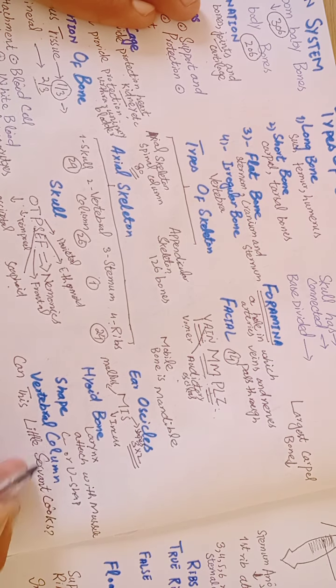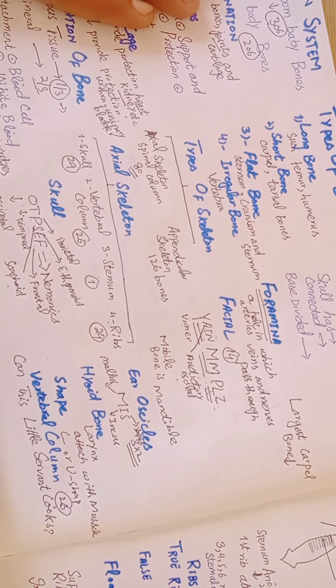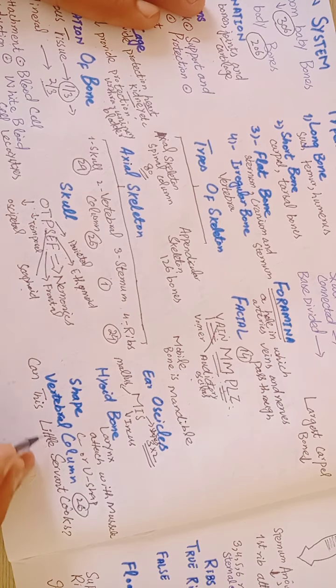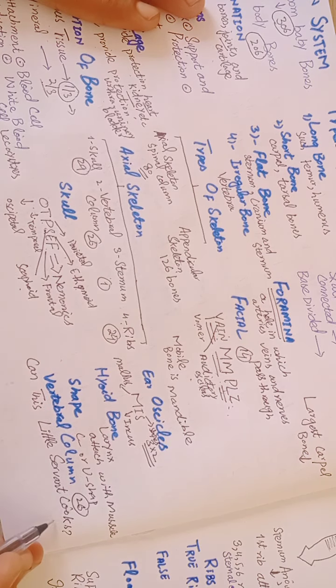The vertebral column consists of 26 bones. We remember the vertebral column by this mnemonic: Can This Little Servant Cooks?